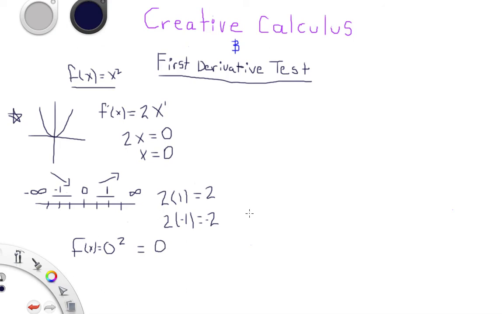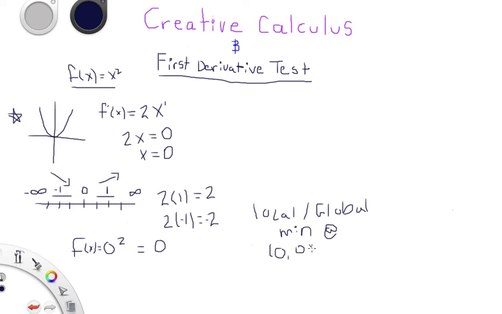So now we know that there's a local and global minimum at 0, 0.